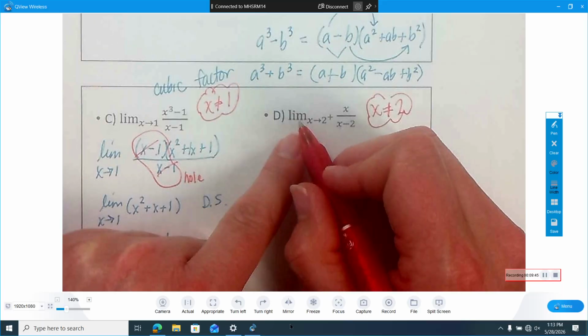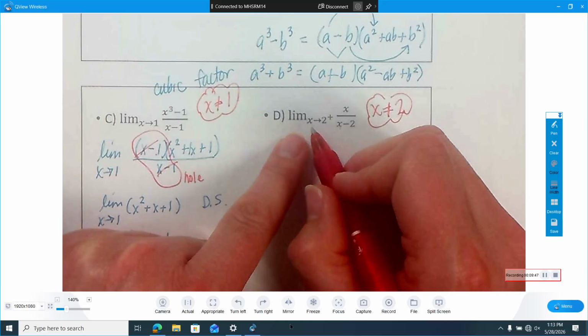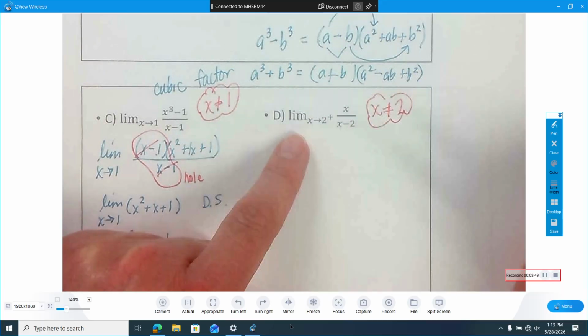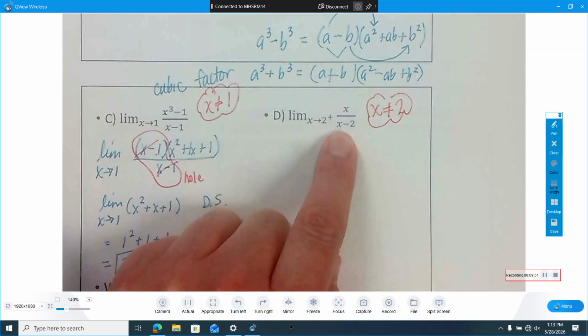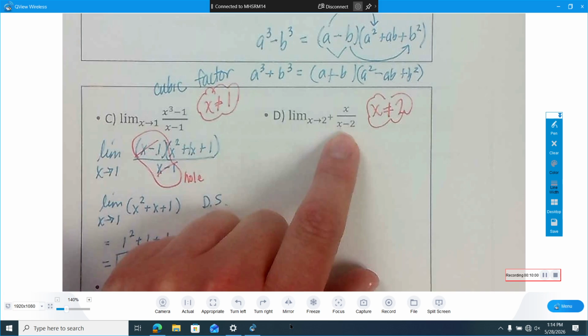We want the limit as x approaches 2 from the right. What's happening graphically for this function? What I mean is, what's it look like?